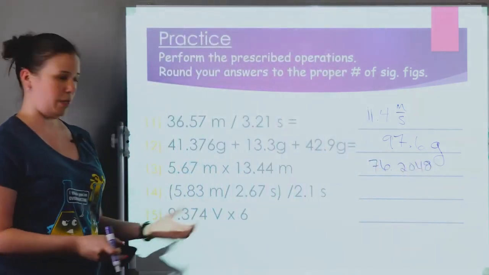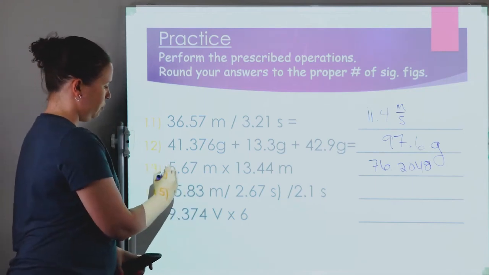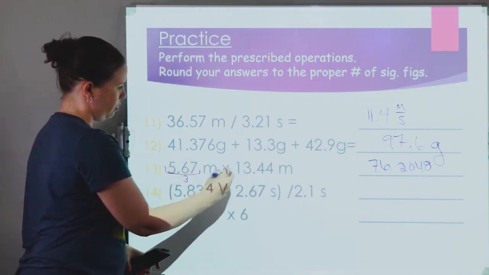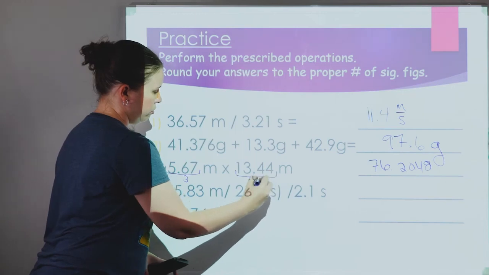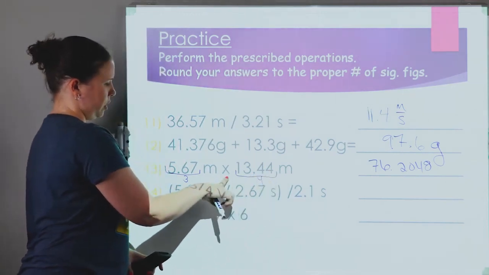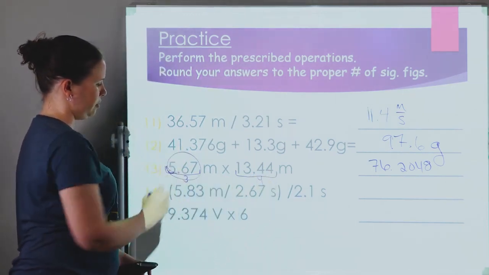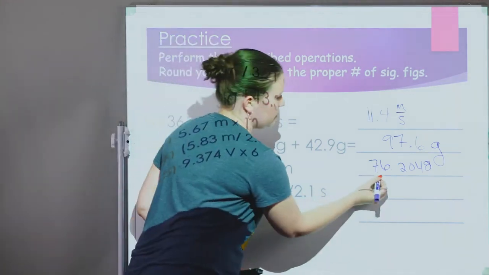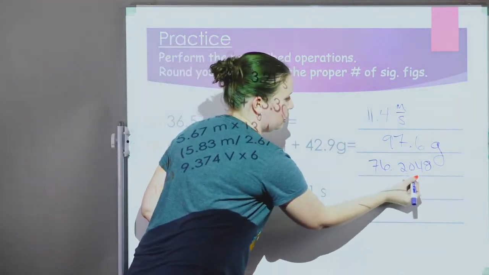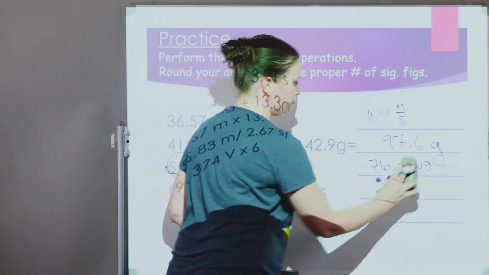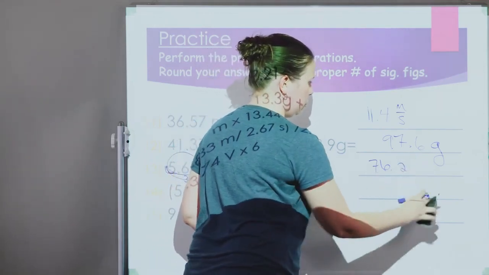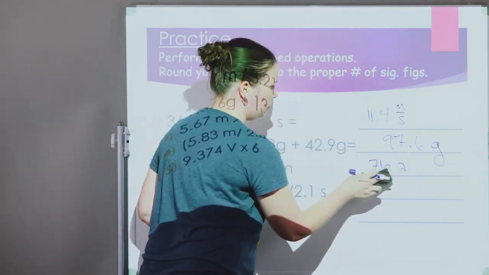But I need to determine where to round. So the first number has 3 significant figures, and the second number has 4. And because I'm doing multiplication and division, I want the least sig figs, so I need 3. So it's the 7, the 6, and the 2. Now would the 0 round up the 2? No, it would not. So I'm just going to round those out.